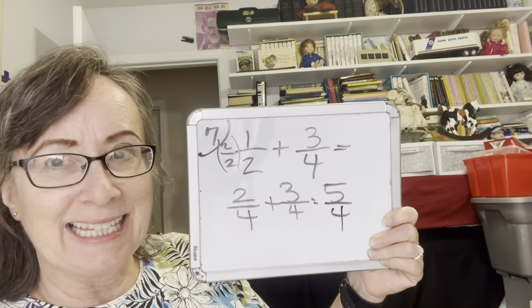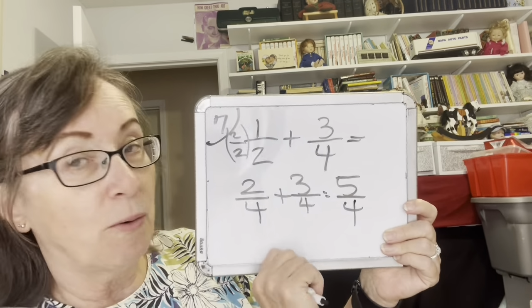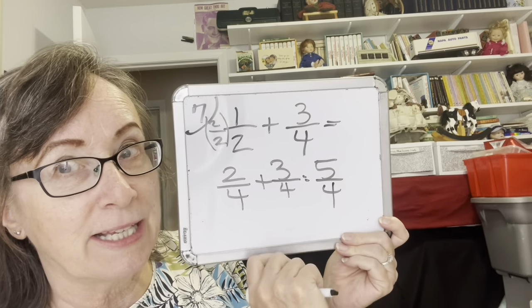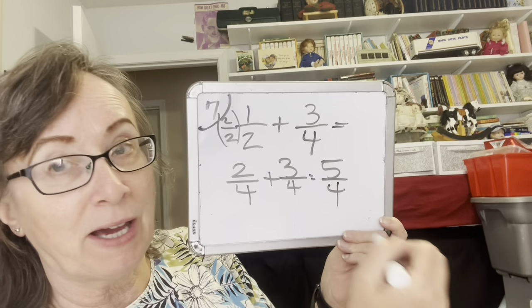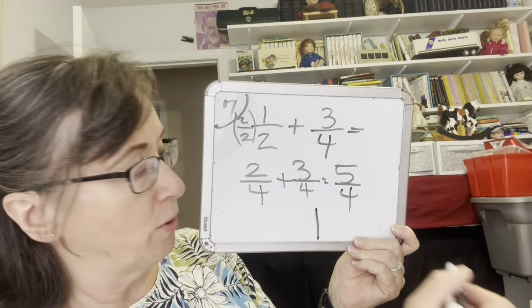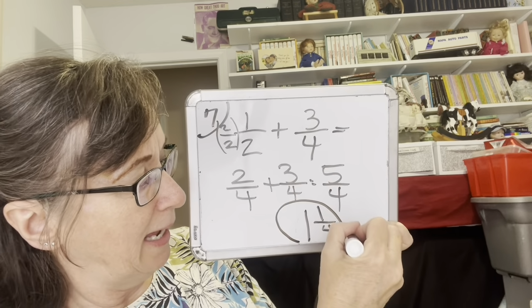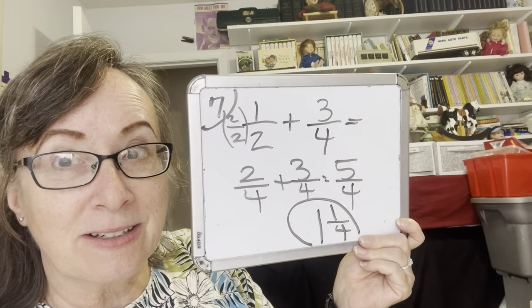But I can't leave it as 5/4 because that's improper. So I'm going to turn 5/4 into a mixed number. 5 divided by 4 is 1 whole, leaving 1/4 left. 1 1/4 is the answer.